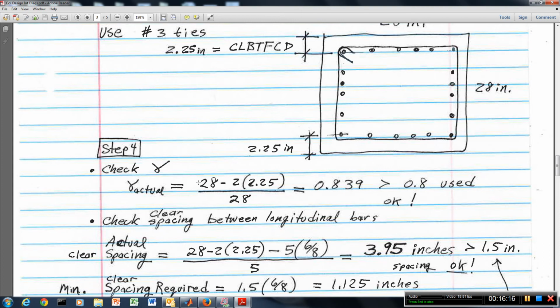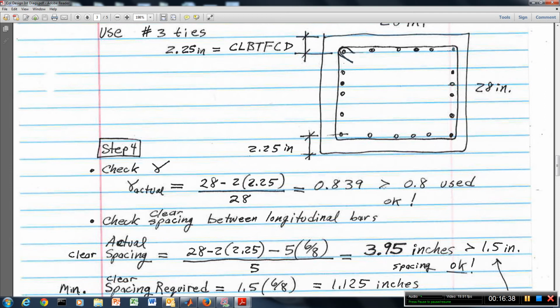The actual gamma is going to be the total side length 28 minus 2 times this CLBTFCD. Basically we're taking this length, subtracting off the 2 ends, and then dividing by 28 to give us our actual gamma value.